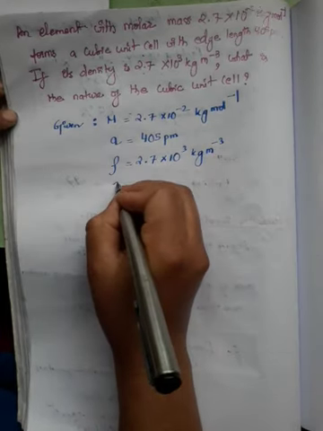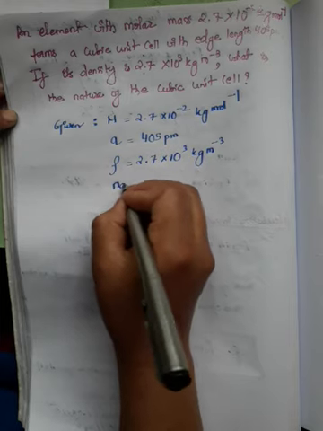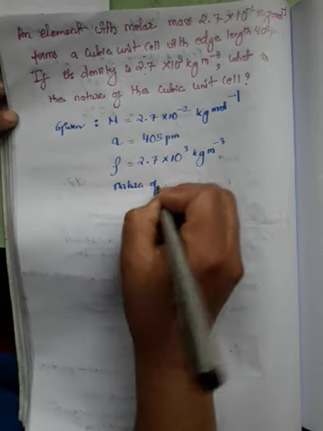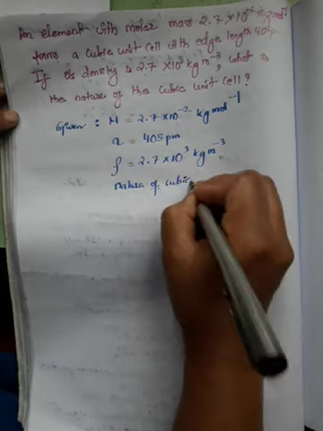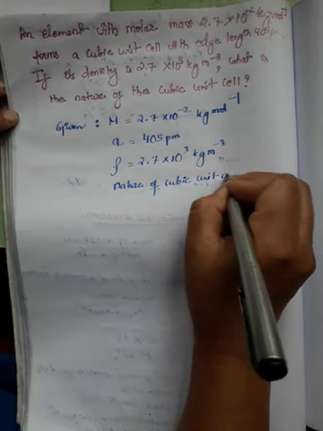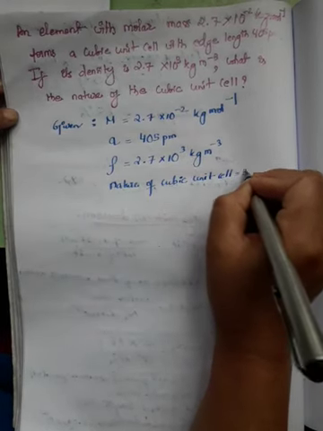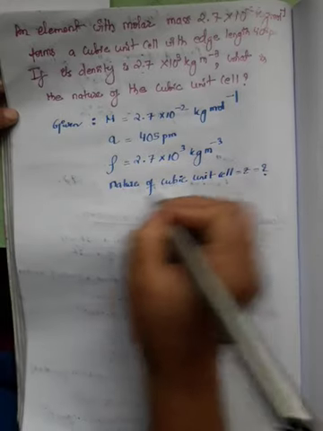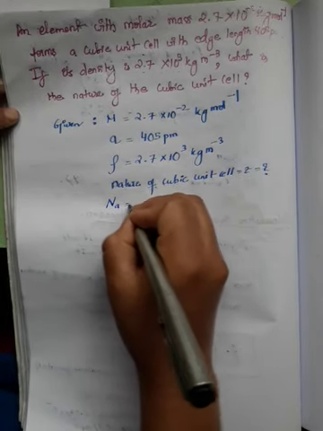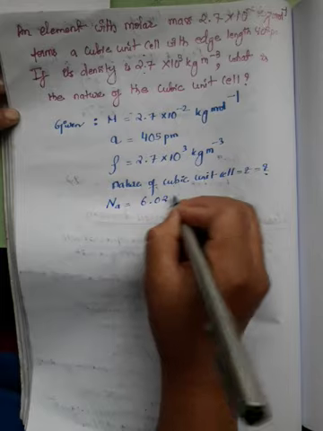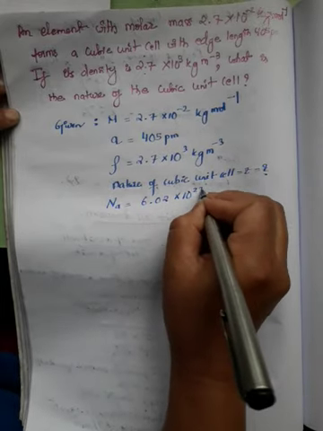Now you need to calculate the nature of the cubic unit cell, so for that you need to find Z.